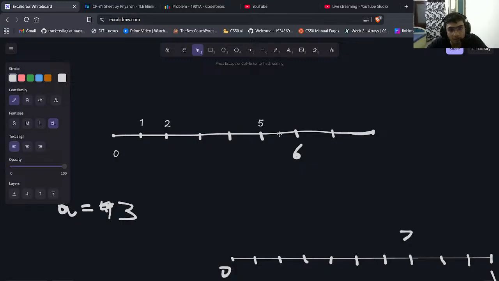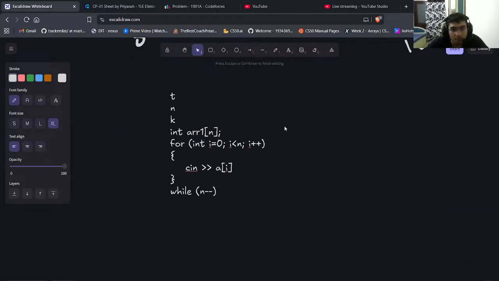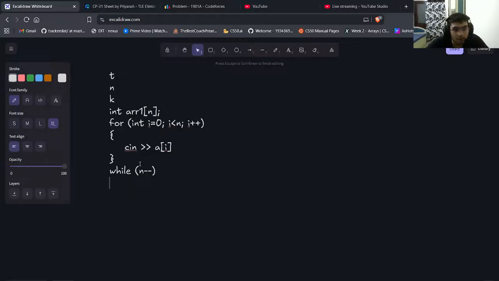Okay. So basically 4, which is n plus 1. Since I don't know how to do it, I'll just make another variable m is equal to n plus 1 and then make that m minus minus.